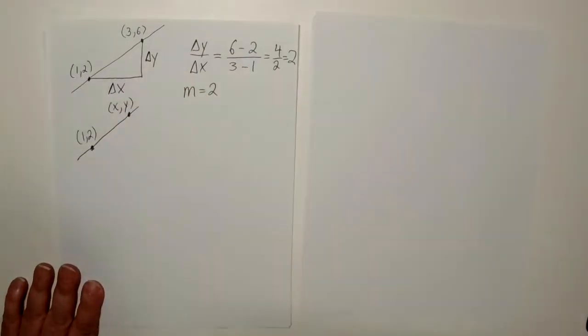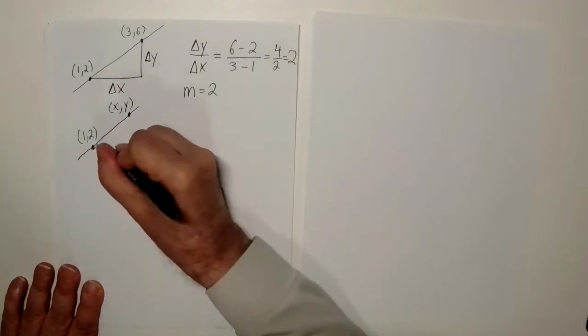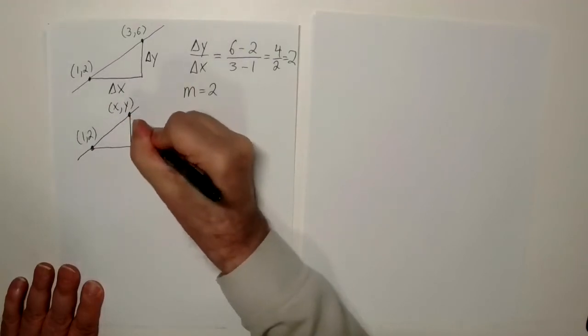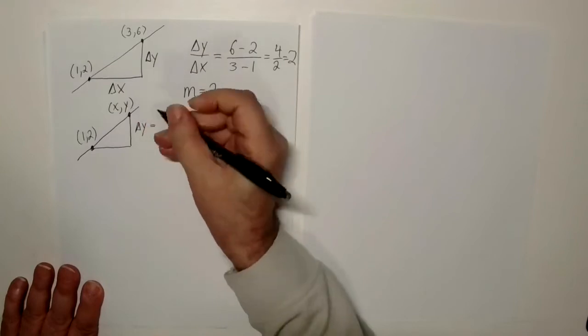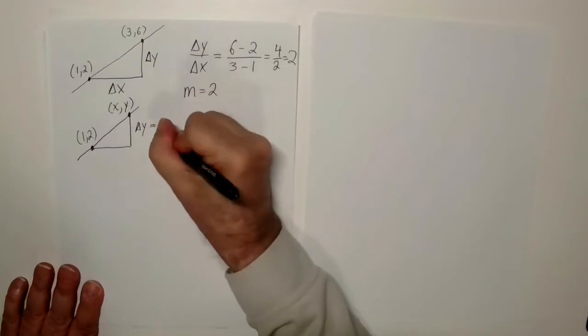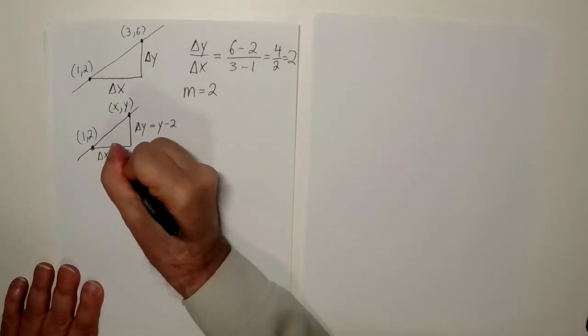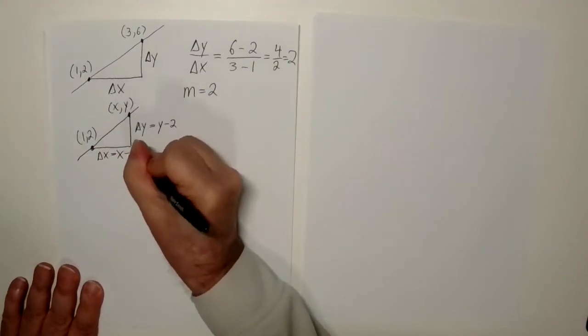The idea is the slope of a line is the same no matter which 2 points you choose. So we're going to do our delta y over delta x stuff again. Delta y here is y minus 2, and delta x here is x minus 1.